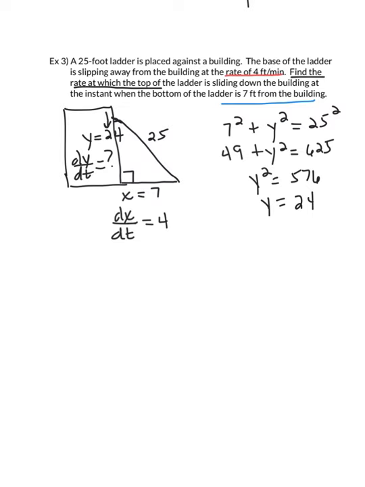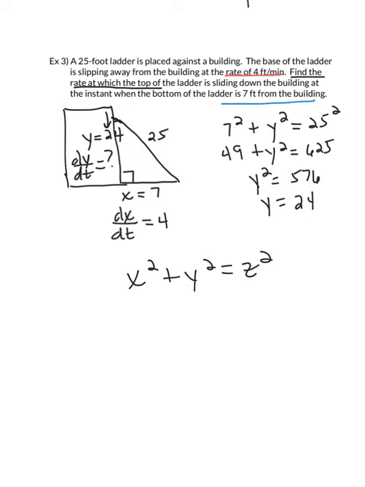To do our related rate, we need some kind of an equation to do it for. Anytime you have a right triangle problem, you're going to use the Pythagorean theorem as your formula. So we're going to use x squared plus y squared equals z squared as the formula that we are going to do the derivative of. However, check anytime you're doing one of these right triangle problems.